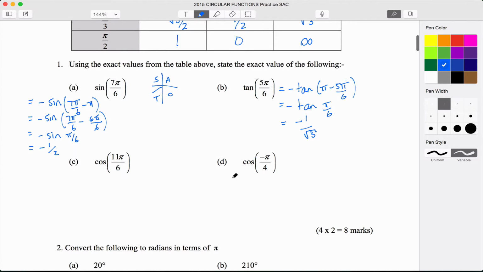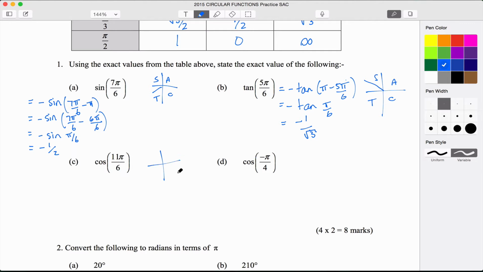Part C, cos, oh hang on, I forgot to draw my CAST here. 5 pi over 6 is going to be in this quadrant. The sine is positive, tan is negative, and that's where I got this negative sign from. Apologies for not mentioning that at the start.